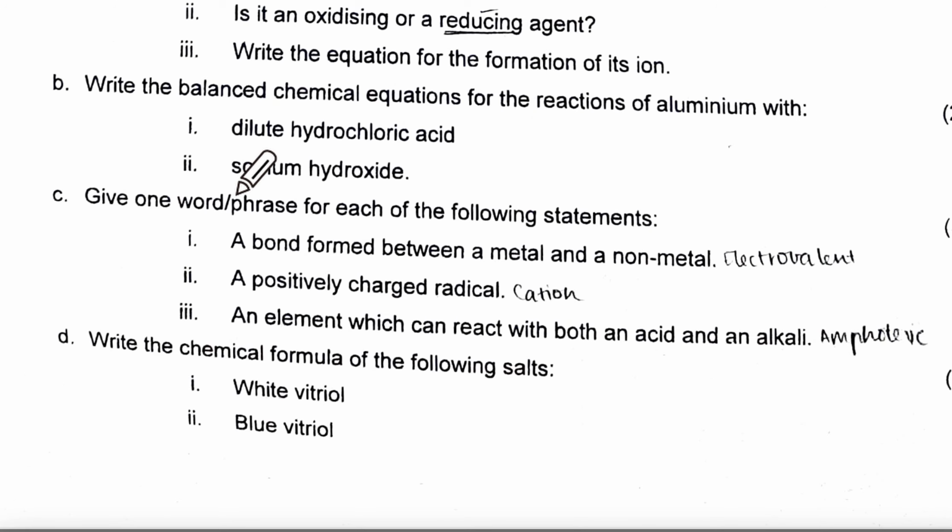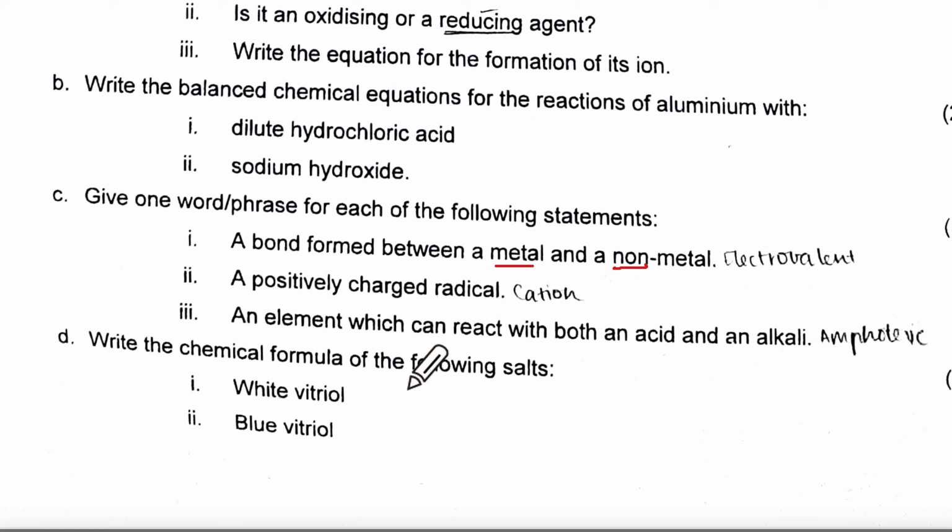Okay, after you revise. One word for the following statement: bond between a metal and non-metal is electrovalent or ionic. Yes. Positively charged radical means cation. Negatively charged radical means anion. Everybody knows that. The one which can react with both acid and alkali is amphoteric. Yes.